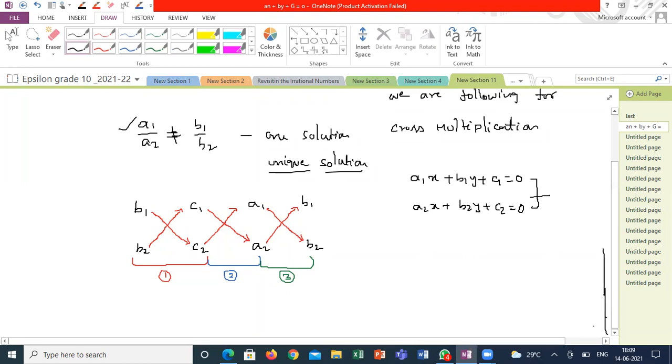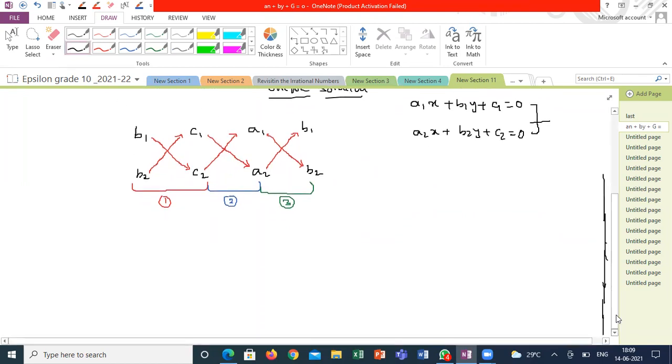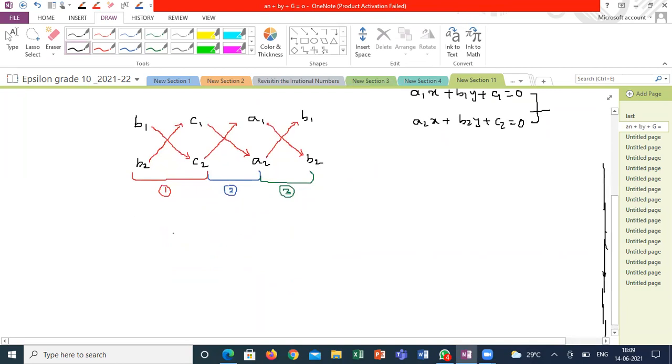Now straight away from calculation, I am going to get the x value and y value here. This is the beauty of this method. So x divided by the cross multiplication of the first pair. Whatever is marked with the red color box is my first pair. How are the arrow marks marked here?